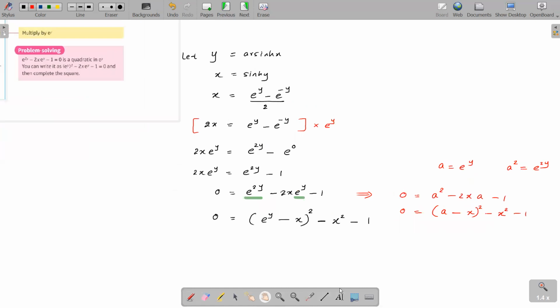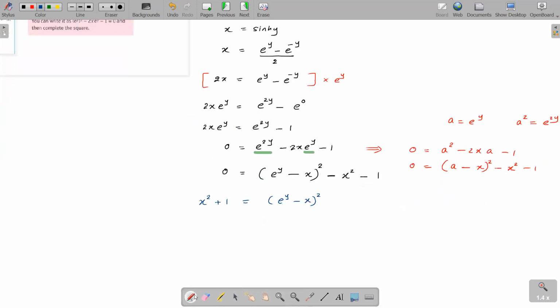The target here is to show that y equals r sin x. Basically, I want to get an expression for y. So how do I get an expression for y? Let's make e to the power y the subject here. What do we get? We get x squared plus 1 equals e to the power y minus x, whole thing squared.